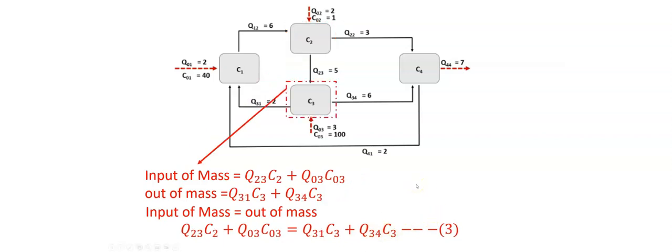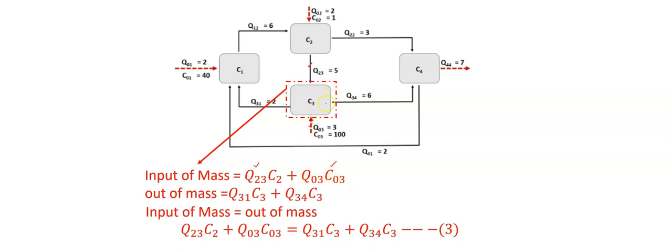Now coming to reactor 3, so one stream is coming from reactor 2, another is coming from outside, so Q23 into C2 is the input of mass plus Q03 C03, the input of mass.